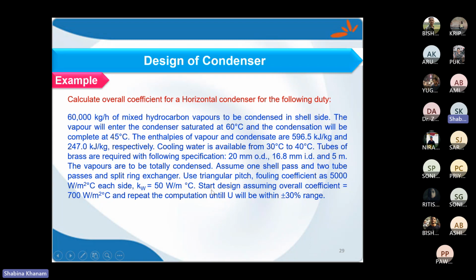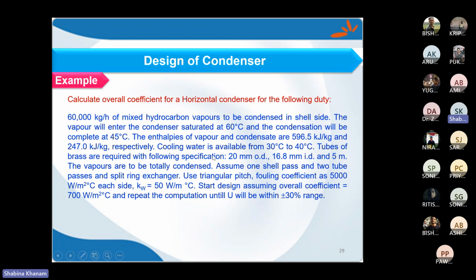So when we consider the enthalpy of vapor and enthalpy of condensate, the difference of these two will be the total latent heat which has been transferred to or taken by another fluid.